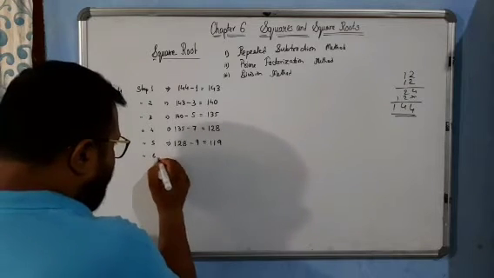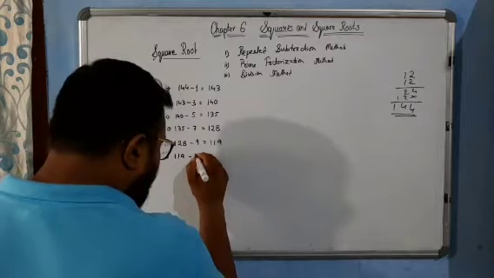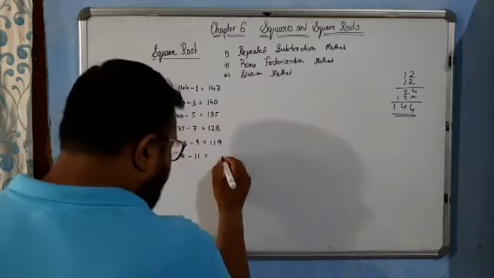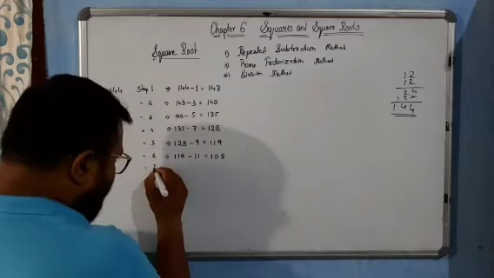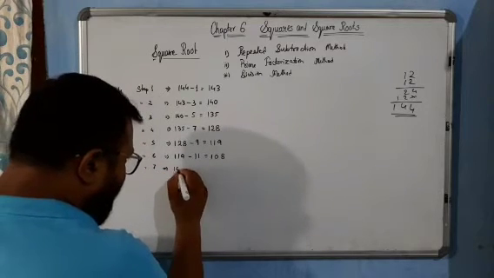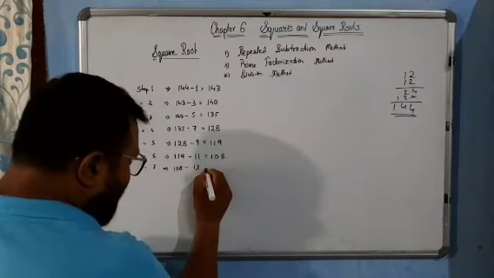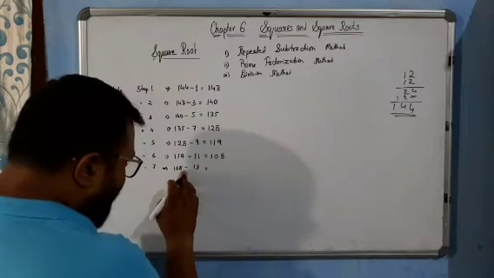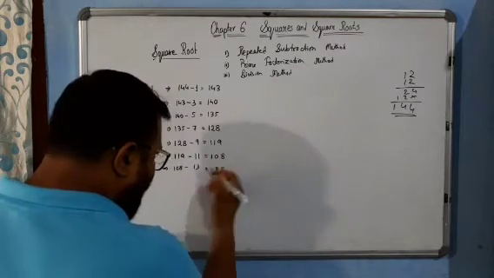On step 6, 119 minus the next odd number, 11, gives 108. On step 7, we subtract 108 by the next odd number, 13, and we get 95.